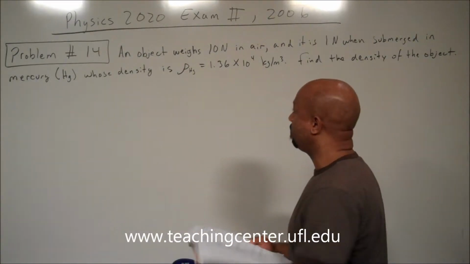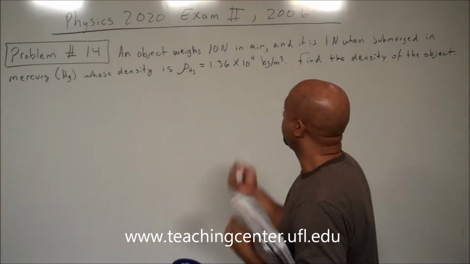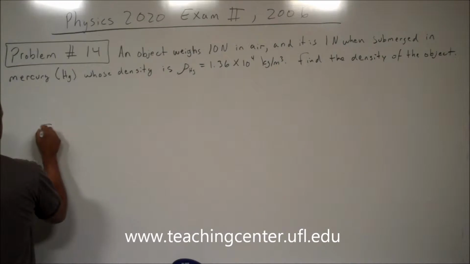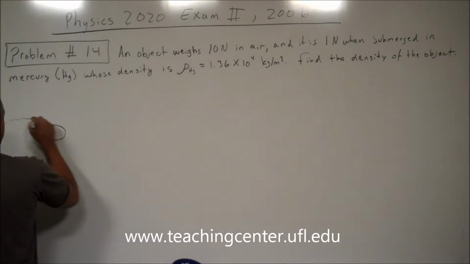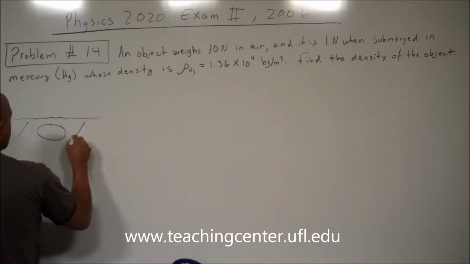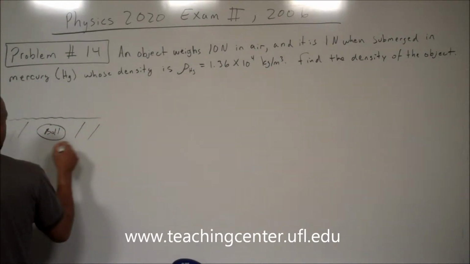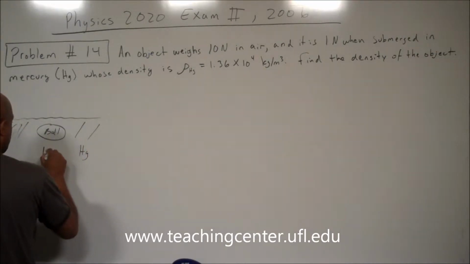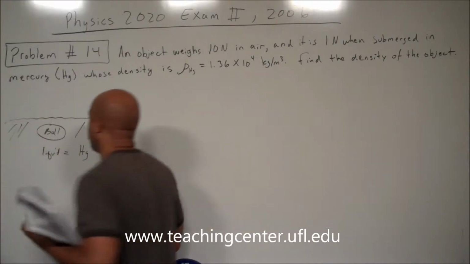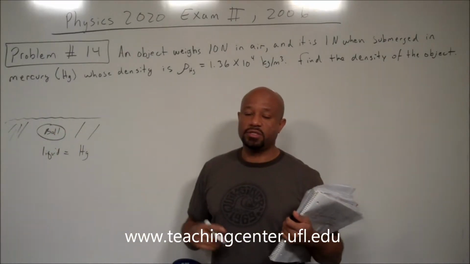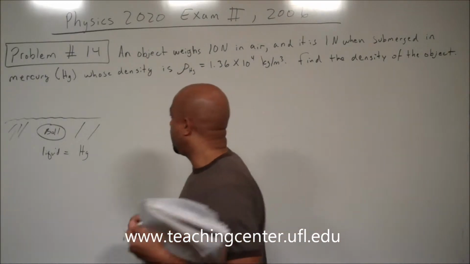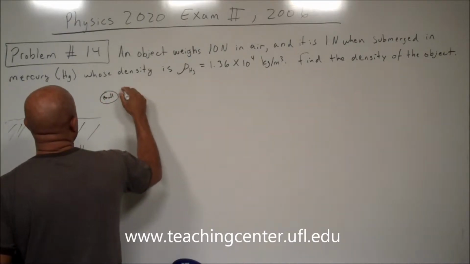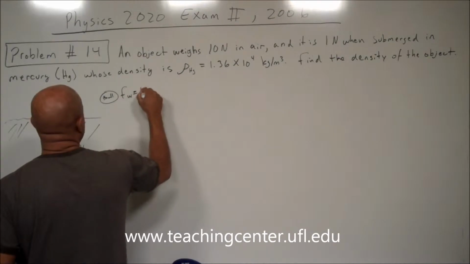Alright, so let's basically say that we have a ball. Let's say we have some sort of object, or it could be a ball in this case, and this is basically our liquid, which is equal to mercury. This ball is submerged in this mercury liquid, and in the air, the weight of the ball is equal to 10 newtons.